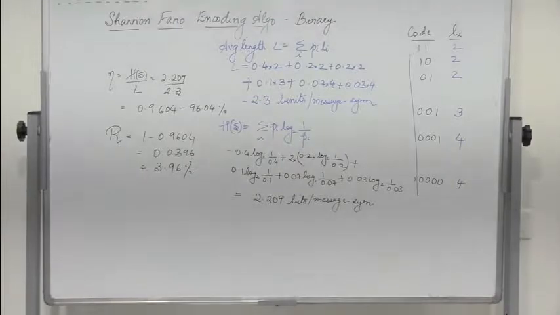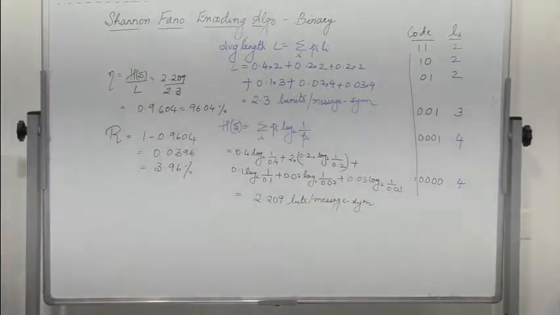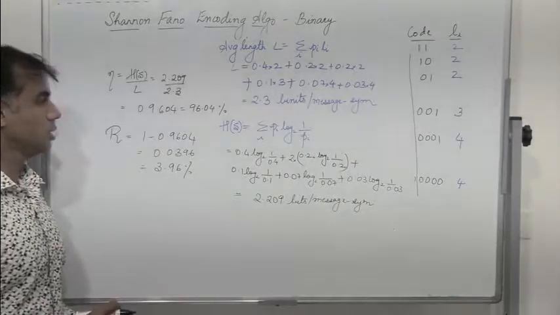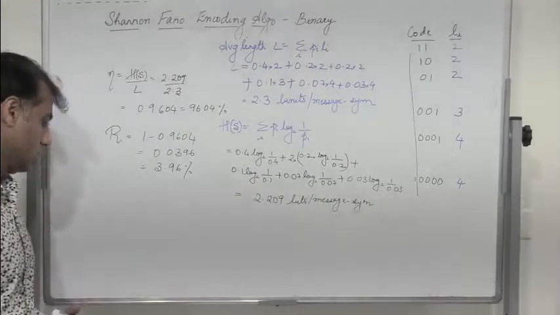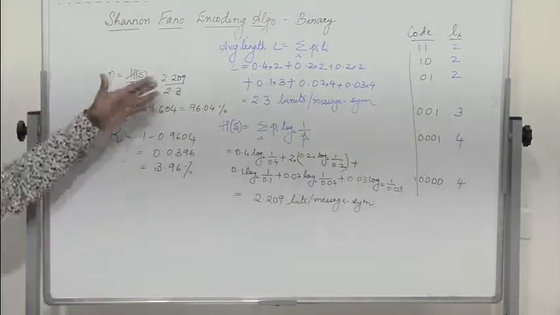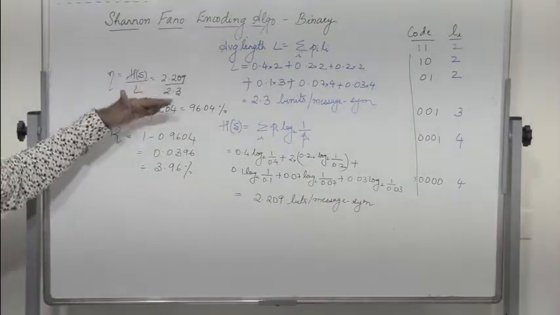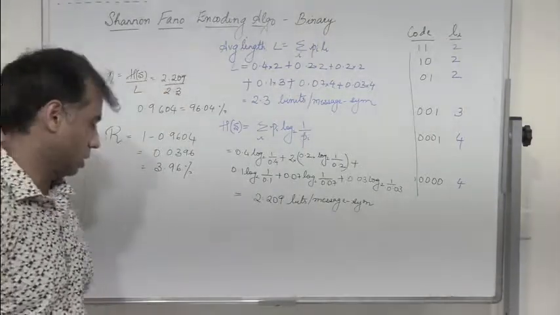Right? So the code redundancy is 3.96% and the code efficiency is 96.04%. Right? So this is how we have obtained the code for the messages x1 to x6 using Shannon Fano encoding algorithm.